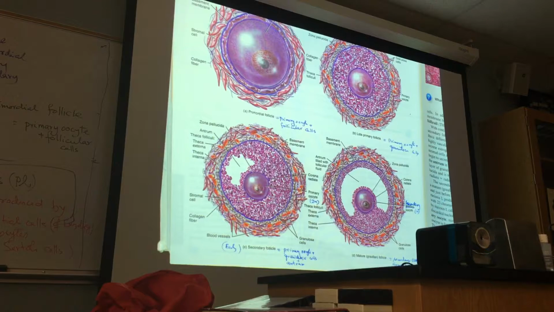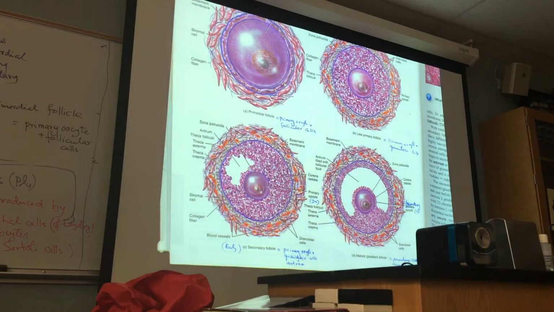So this is early. Look at that, I have written: early secondary follicle equals primary oocyte plus granulosa cells plus antrum. Antrum is missing here. Now look how large the antrum is, because the space increases as the cells divide rapidly.